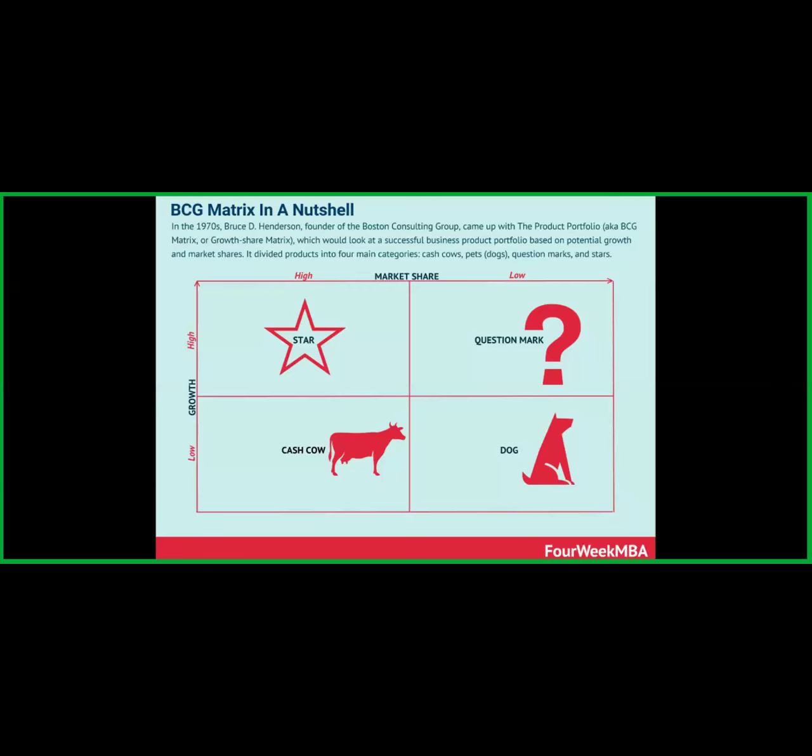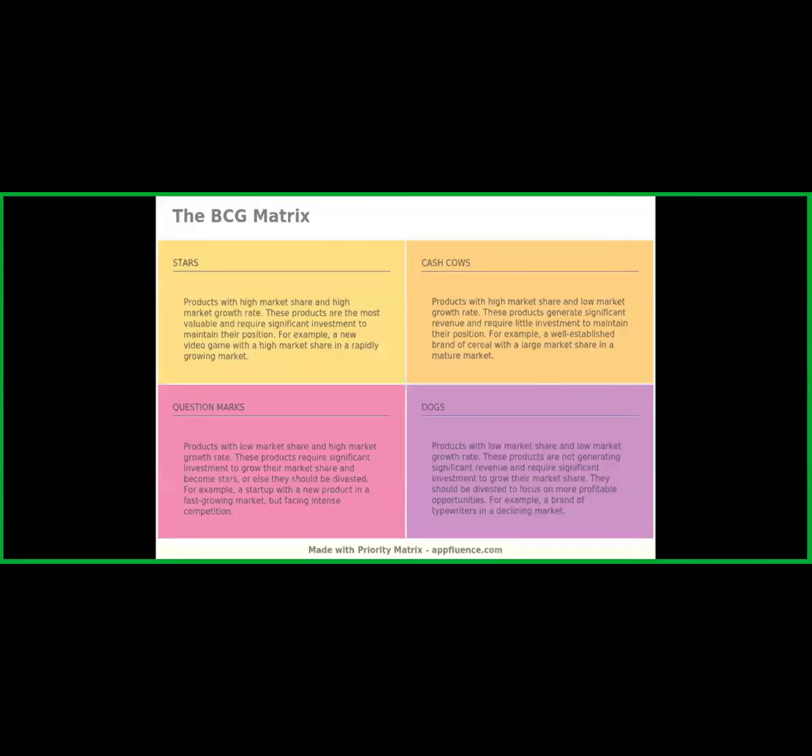So what is dog, what is question mark, what is cash cow, and what is star? I hope everyone has understood that. In case anyone has not understood anything, please go ahead with your question. This is the explanation given for the four quadrants, with examples, as we have already discussed.